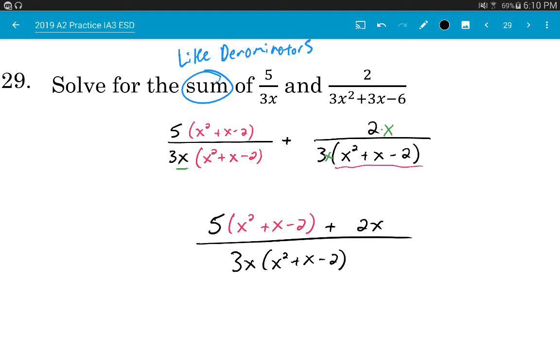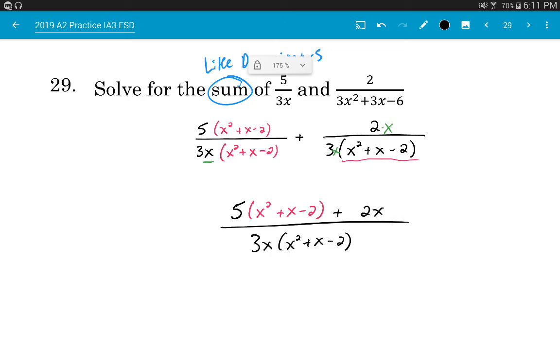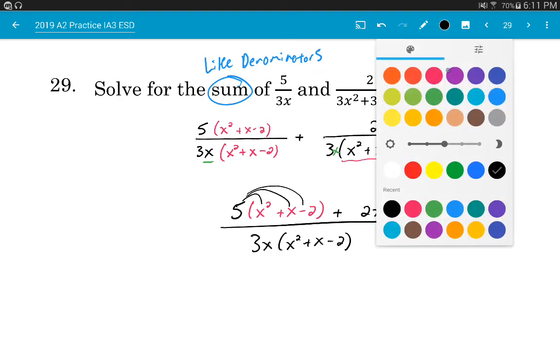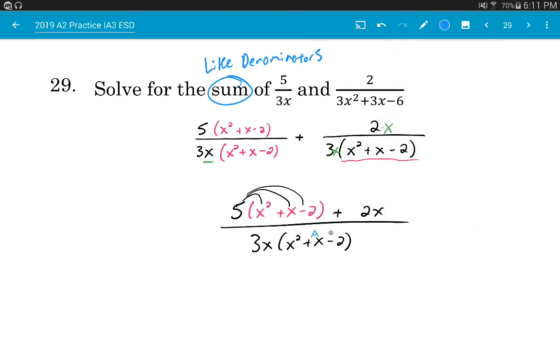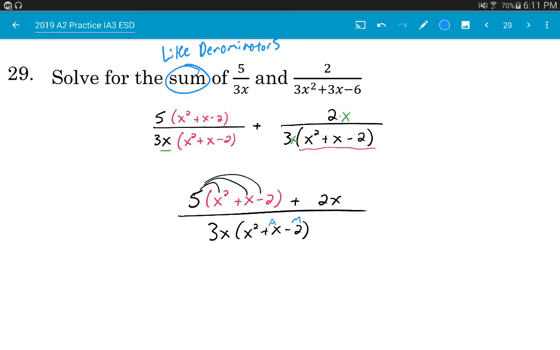I always want to simplify, so I'm going to see if the numerator and the denominator can be factored at all before I just call it a day on this question. Let me distribute this 5 in. I guess I could do A and M on the top as well, but I've got a like term up there. So yeah, I'm still going to distribute this, see what happens.